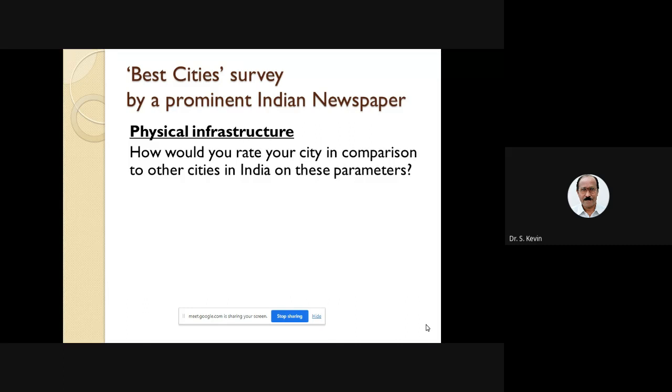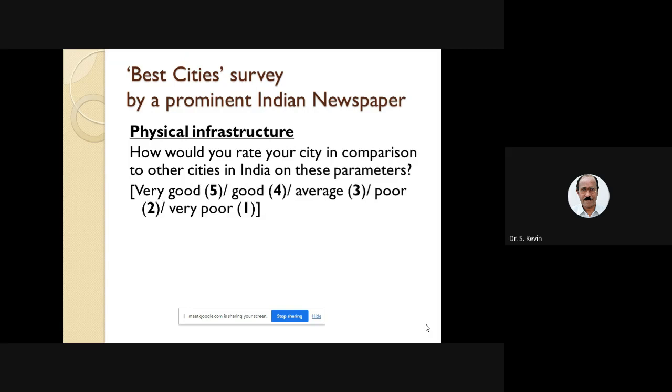They are going to give the parameters. There is a scale. The scale is very good, you give 5. If your city is very good compared to other cities, you give 5. Good, 4. Average, 3, and so on. So you have to give 5, 4, 3, 2, or 1 to your city, depending upon whether it is very good or good compared to other cities in India. Okay, this is the question.